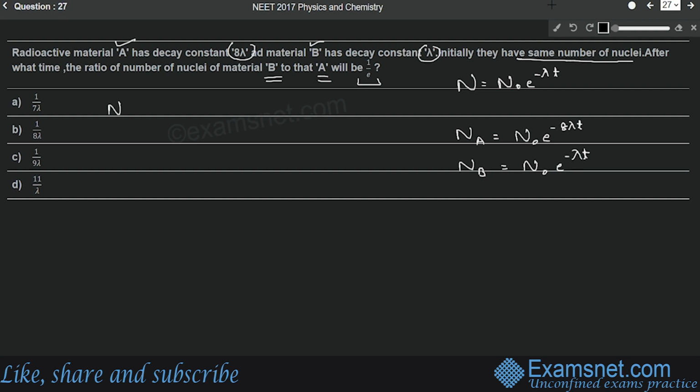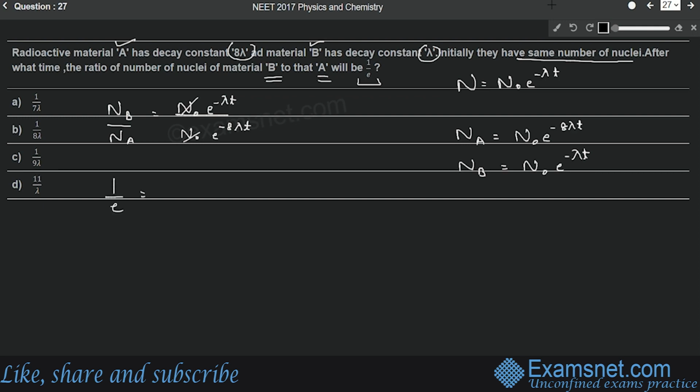So what will be the ratio of Nb to Na? Nb is N naught e to the power minus lambda t, Na is N naught e to the power minus 8 lambda t. N naught is the same, so it will cancel, and it is given that this ratio Nb to Na becomes 1 by e. So we can write 1 by e here.